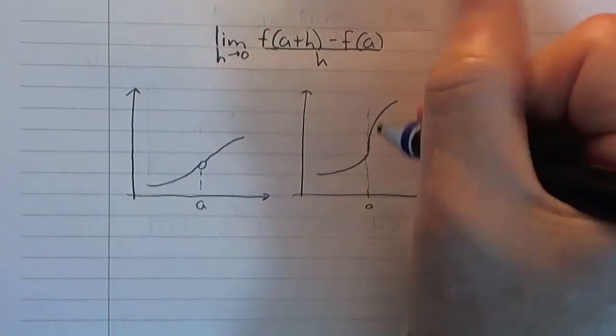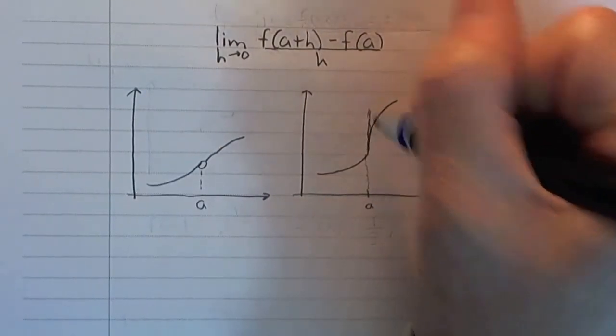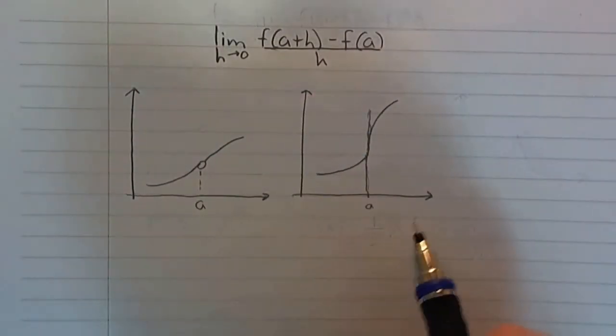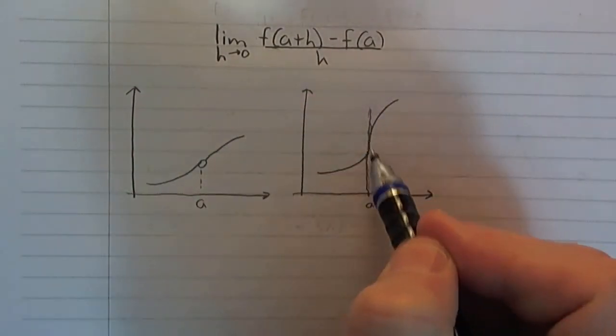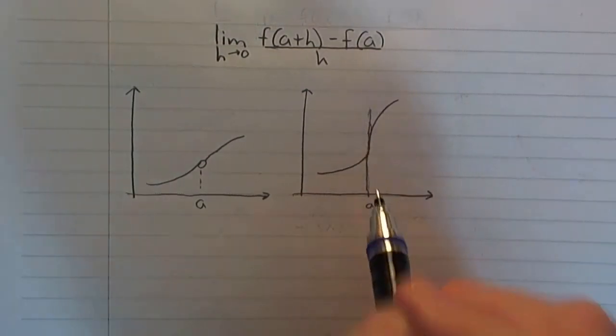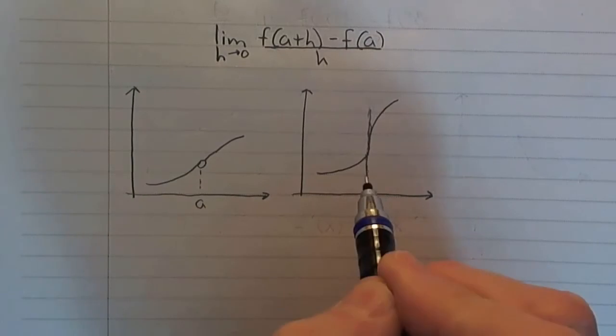Now, remember from Algebra 1, when you first studied finding slopes of lines, you found that vertical lines have an undefined slope, right? Because you end up trying to divide by 0, because the x's are the same. So this is another situation. If you have a curve where the tangent happens to be vertical, the derivative is not going to exist there.